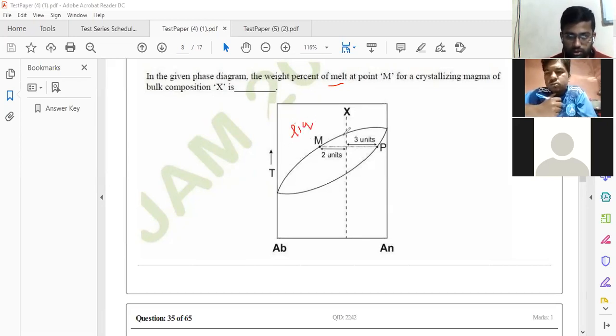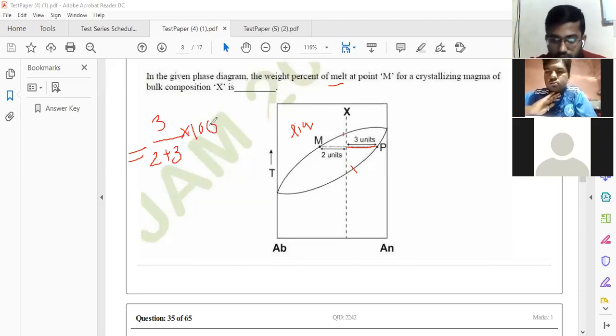Okay, this is your liquidus. Okay, and this is your solidus. So value which is attached to the solidus is 3 unit. Okay, so according to the lever rule, 3 divided by total 2 plus 3, multiplied by 100. Clear?